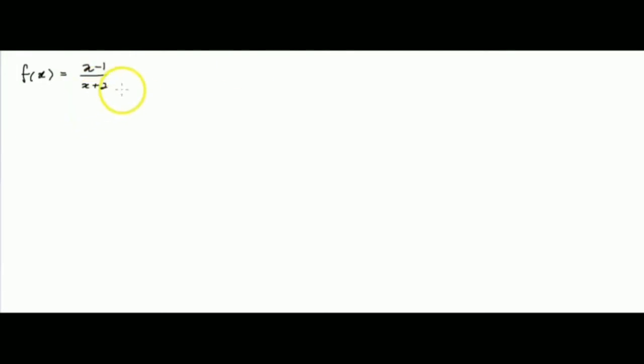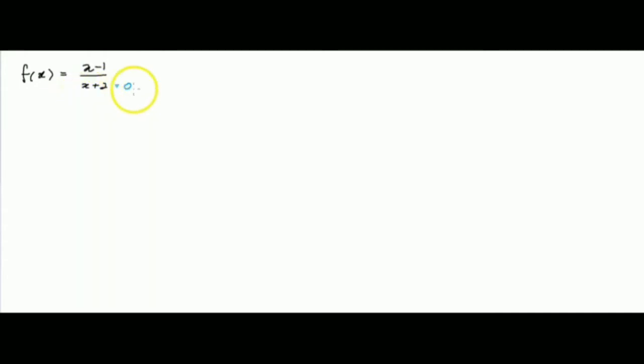So first, since we are talking about vertical asymptotes, the way to find it is by making this denominator equal to 0.